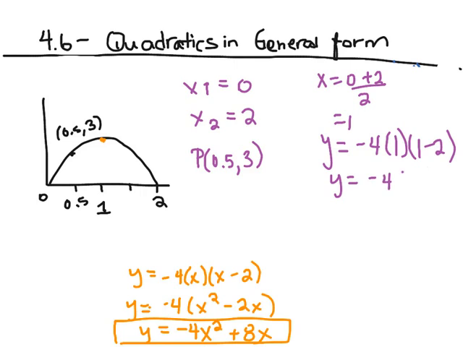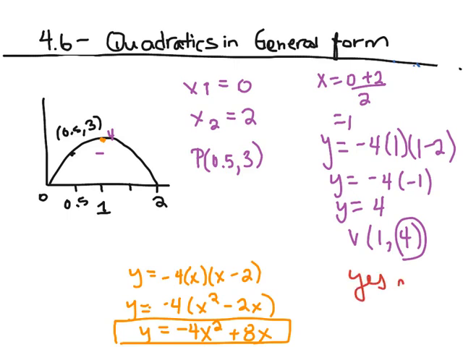So our vertex is 1, comma 4, and because our y value is 4, 3.5 is going to be here, so yes. A 3.5 meter tall item will fit.